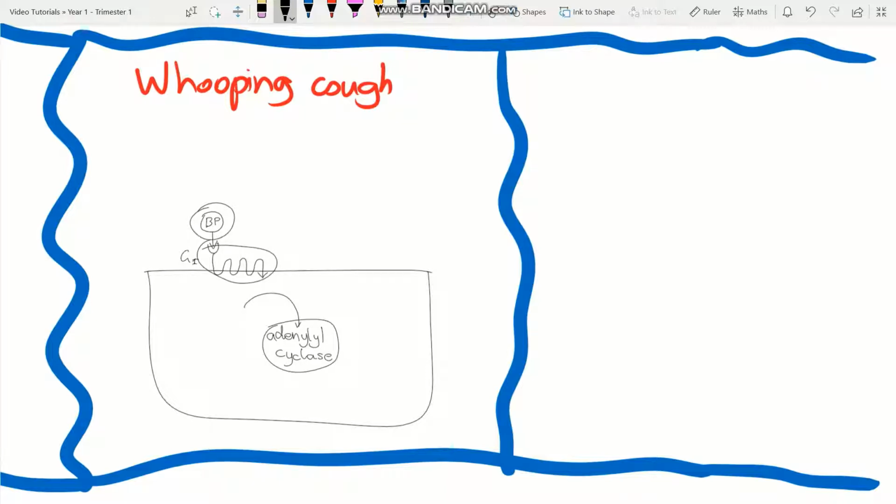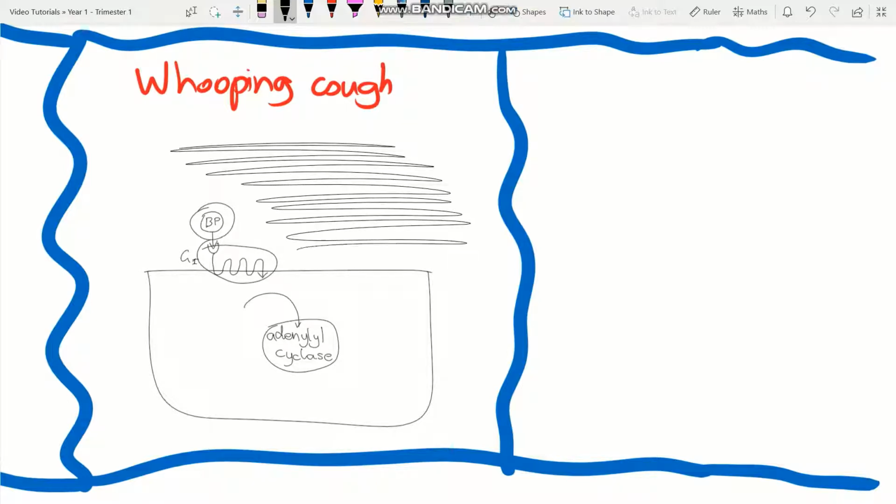And the overaccumulation of this particular molecule means that fluid that is already present in the lumen of the lungs is unable to pass into the cell. This essentially means that fluid builds up within the lungs and causes that wet hacking cough.